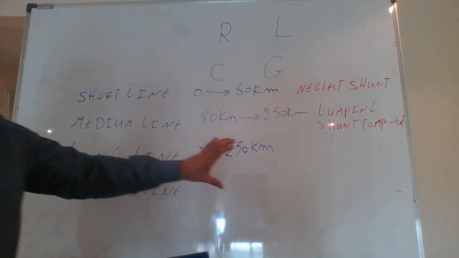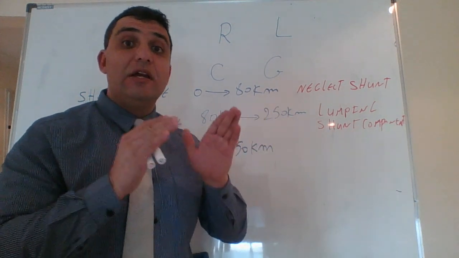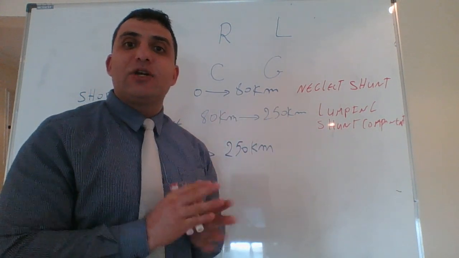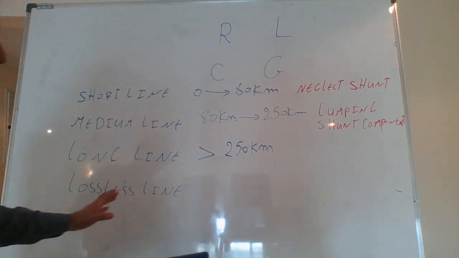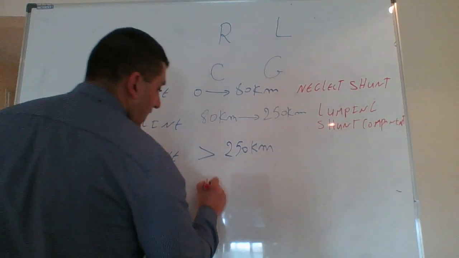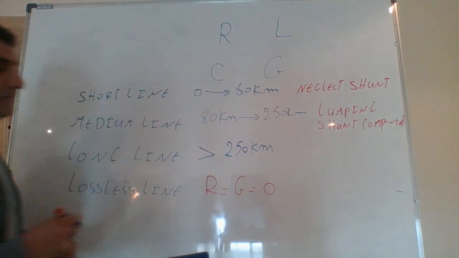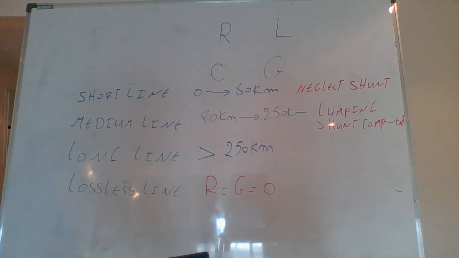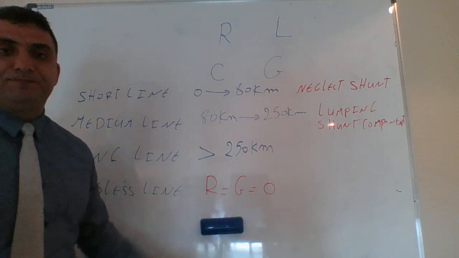Under a long transmission line, we will keep everything as it is and we will apply first and second order differential equations. We will see when we get to it. Under lossless line, we will consider R equal to G equal to 0, so I have no real losses in my transmission line system.